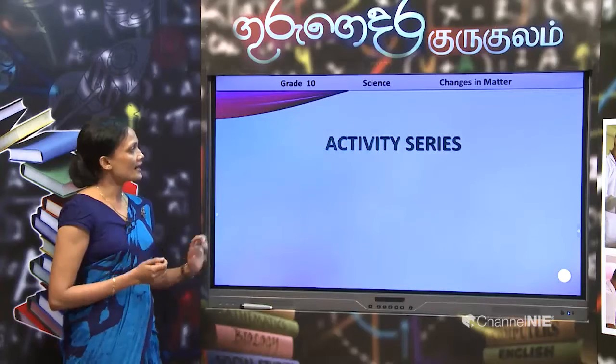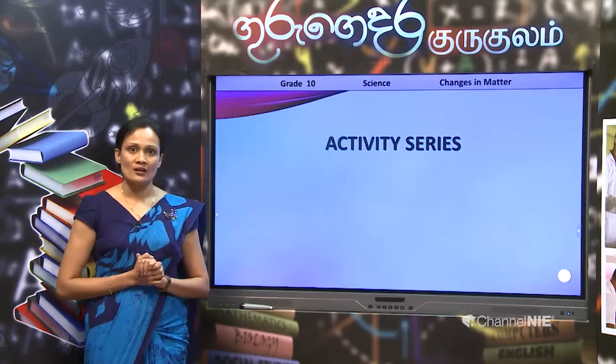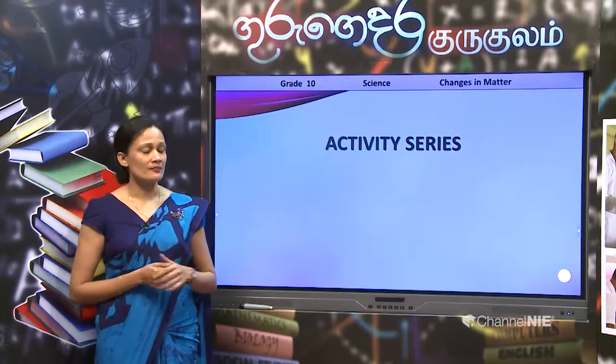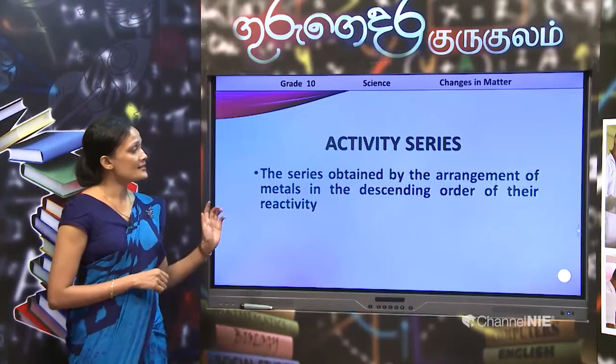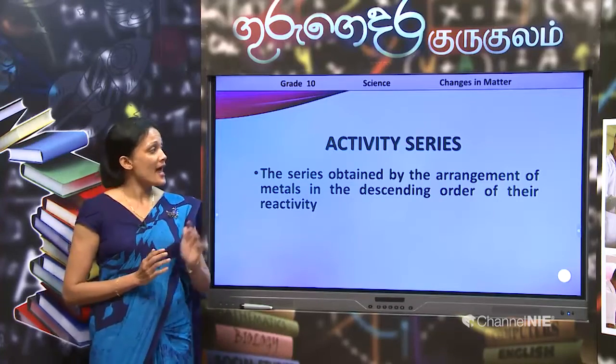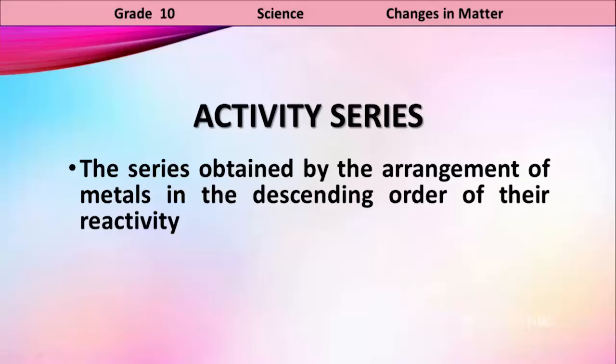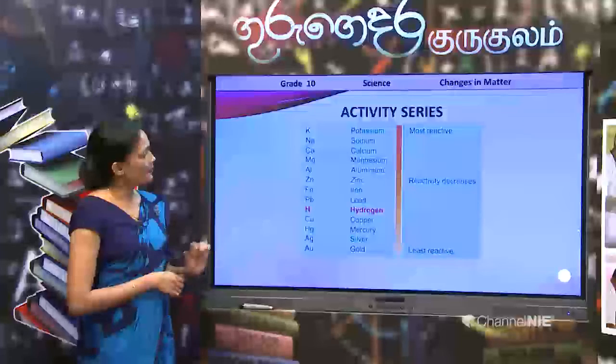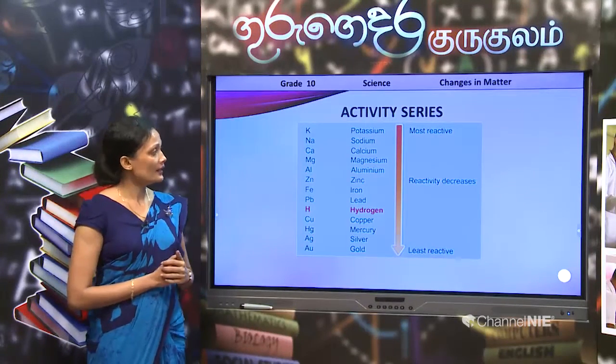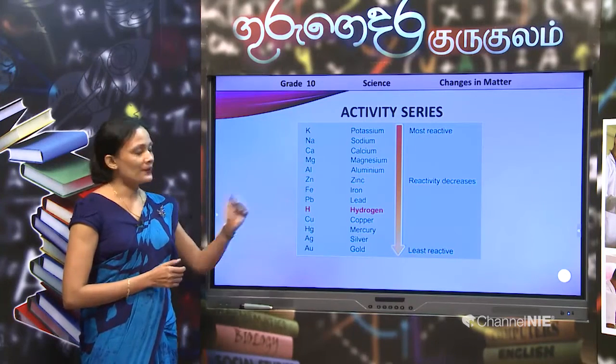That series we consider as the activity series. What is activity series? The series obtained by arrangement of metals in the descending order of their reactivity. Look at this one. Here, there are metals.